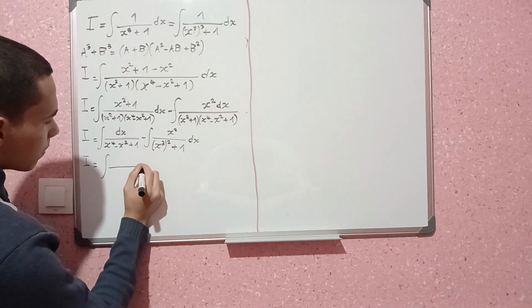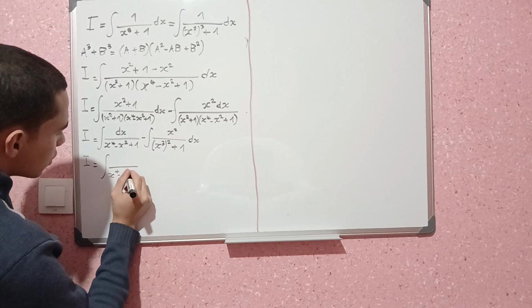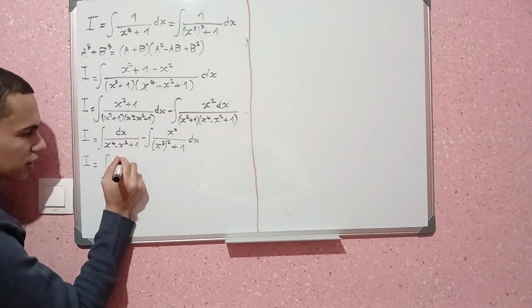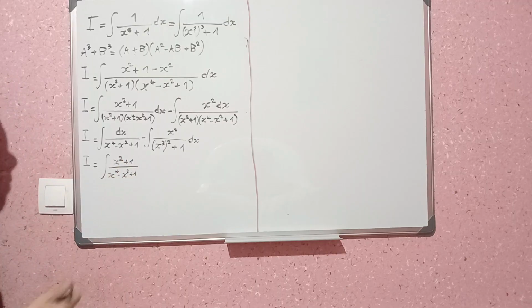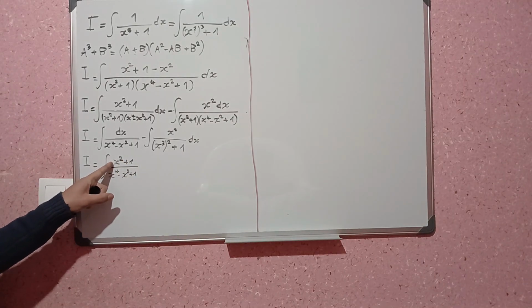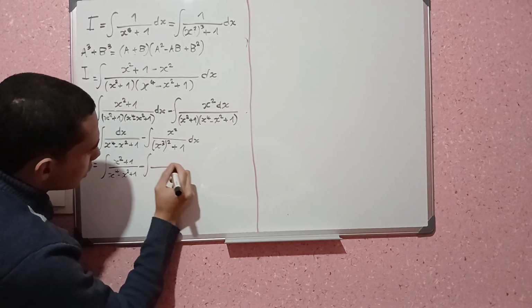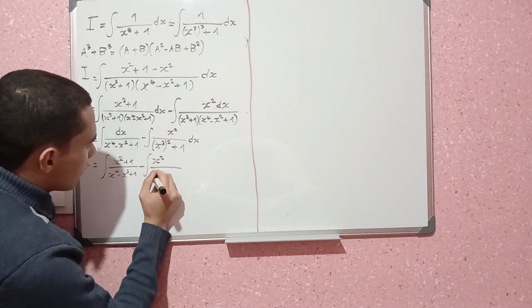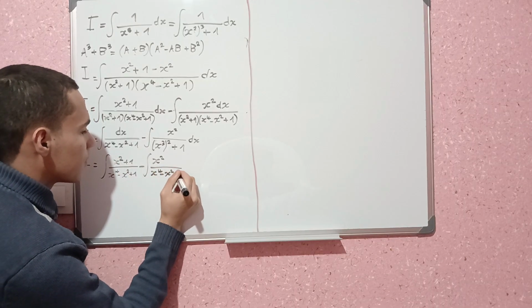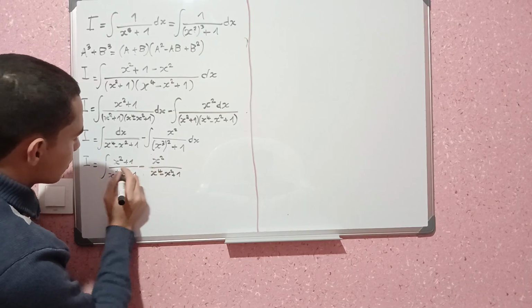Here, first we take x to the power of 4 minus x squared plus 1, and we get the x squared plus 1 to help us out. But if we add an x squared here, we have to subtract it, so it's minus the integral of x squared over x to the power of 4 minus x squared plus 1.